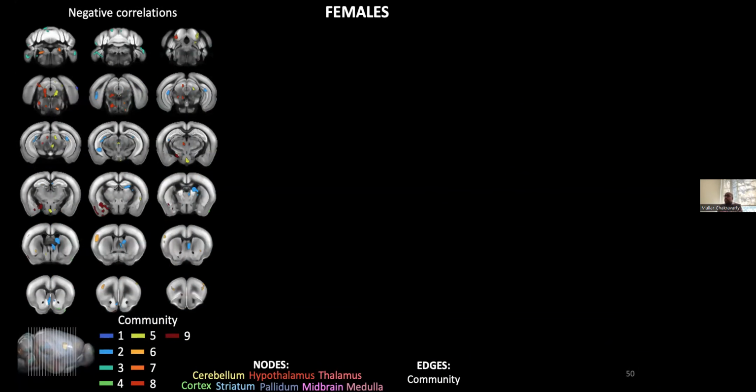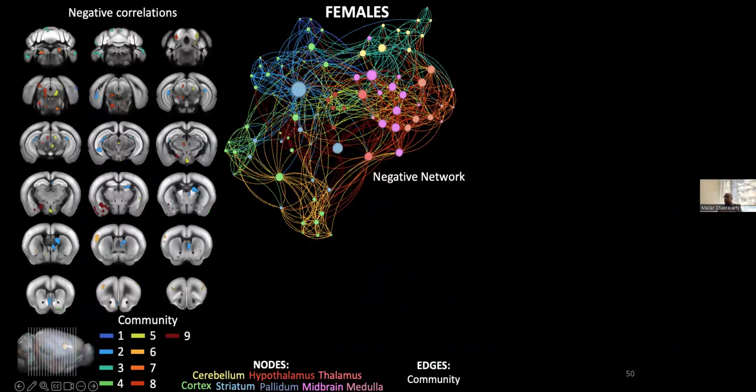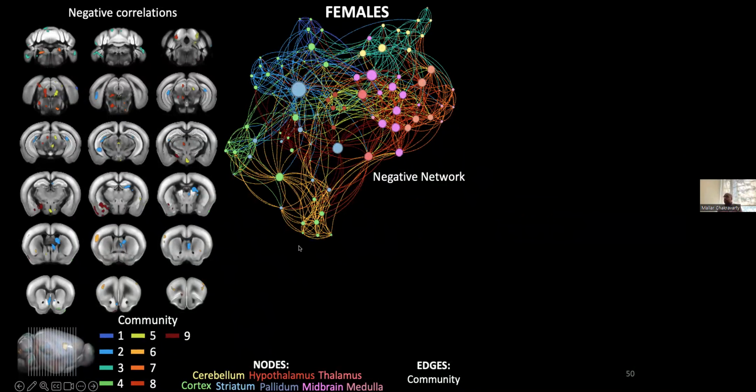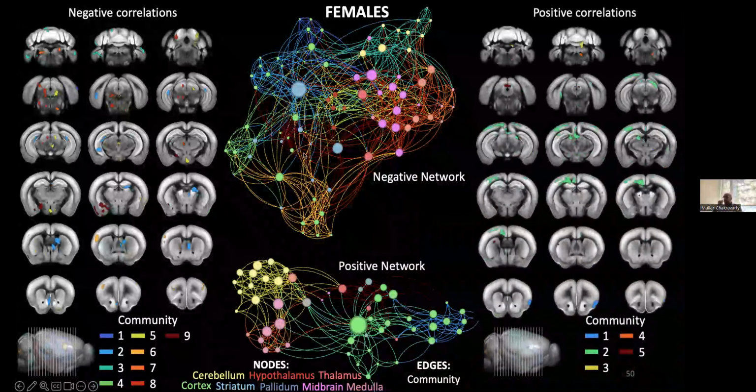And so if we do this, this gets pretty hairy in the next couple of slides. There's a lot of data, but I'm going to try to summarize it in the end in a more digestible format. So what we have here now are the communities that we detected using our graph theory method, and the nodes are representing the different parts of the anatomy that are in the cerebellum, the hypothalamus, the thalamus, cortex, striatum, pallidum, etc. We have this in the negative correlation network and the positive correlation network.